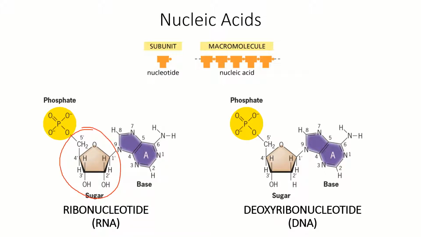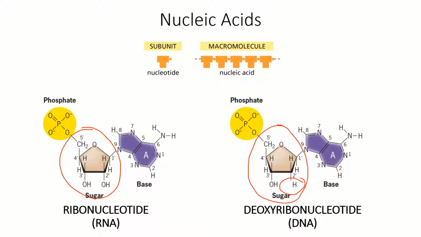In DNA, the nucleotide contains a sugar known as deoxyribose. Deoxyribose differs from RNA's sugar because of the absence of one oxygen atom attached on the second carbon of the sugar.